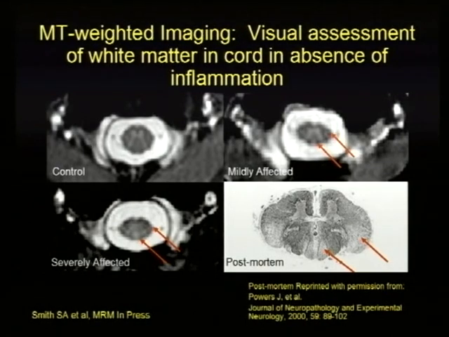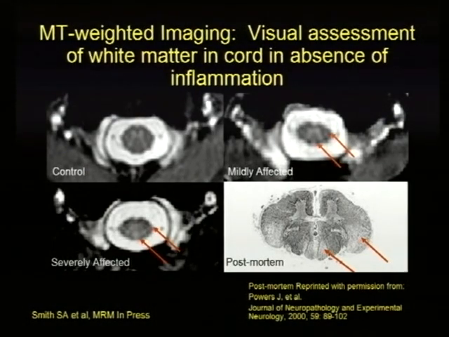The gray is not as clearly gray as it was before. And then this is severely involved. You can see that this region, which corresponds exactly to this part of the spinal cord, shows the abnormality.